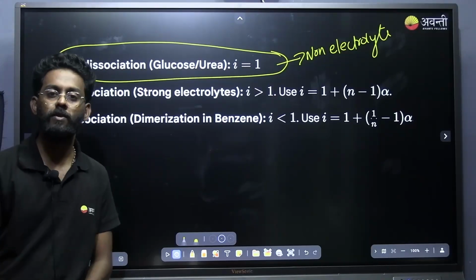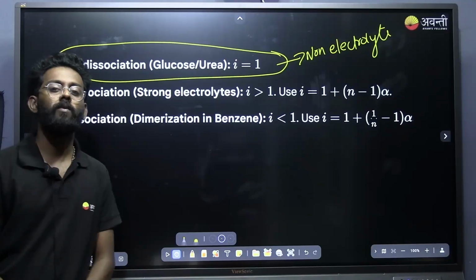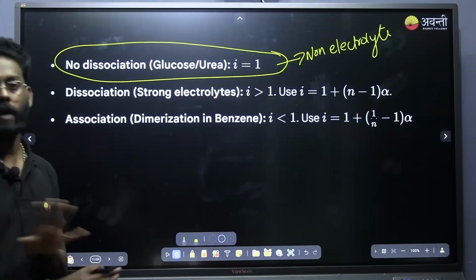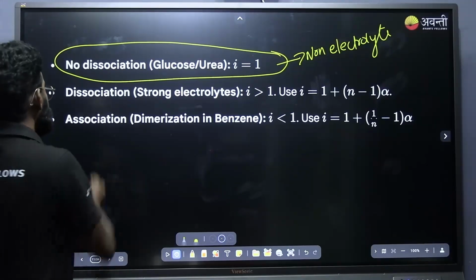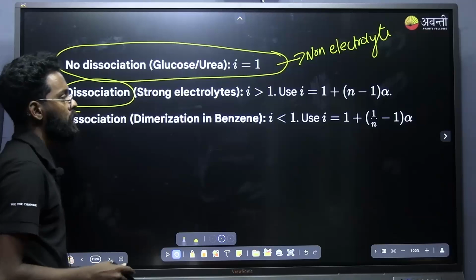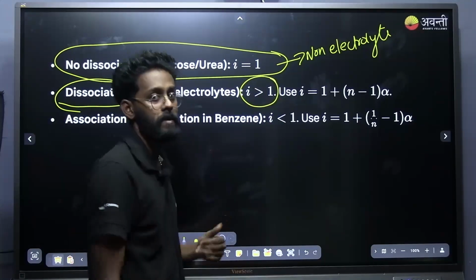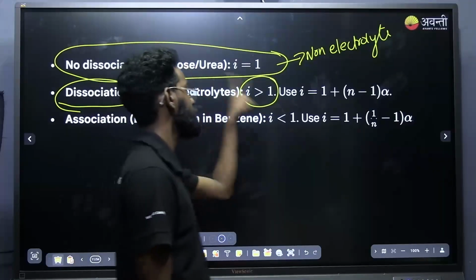When the value of i is equal to 1, whatever value of the property that we found using colligative property will be correct. There is no change. Now in the case of dissociation, the number of particles will be increasing. If the number of particles increases, the value of i will be greater than 1.